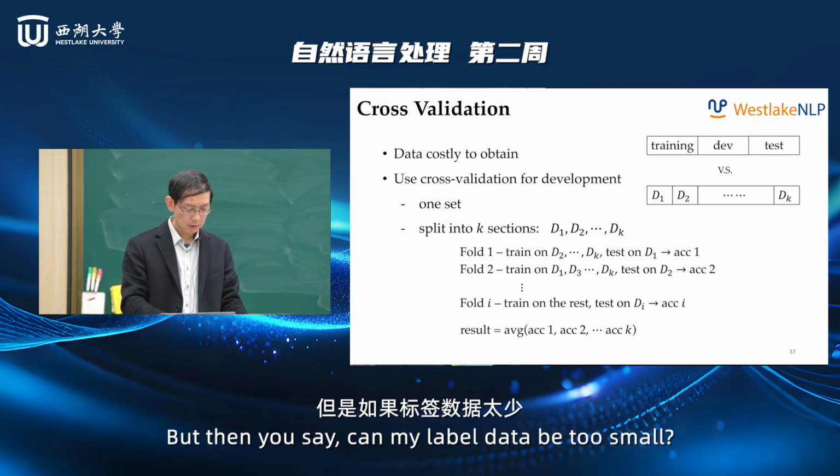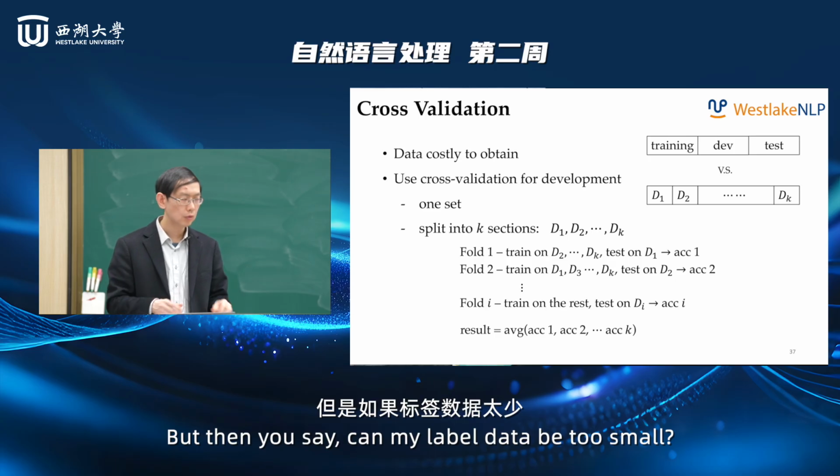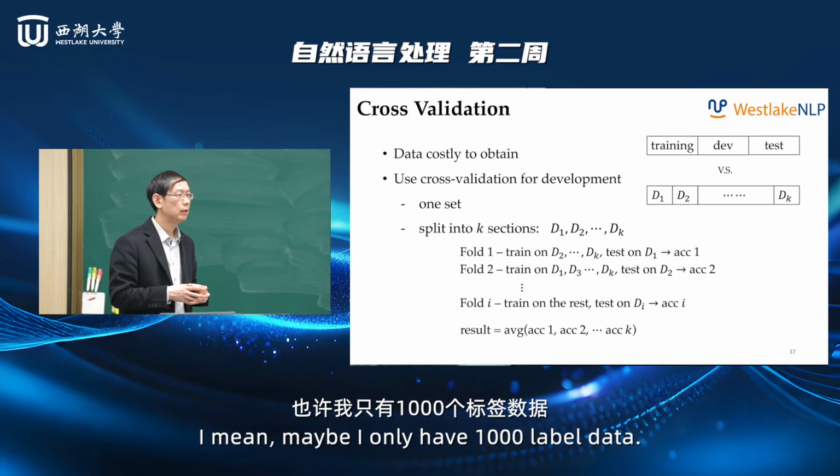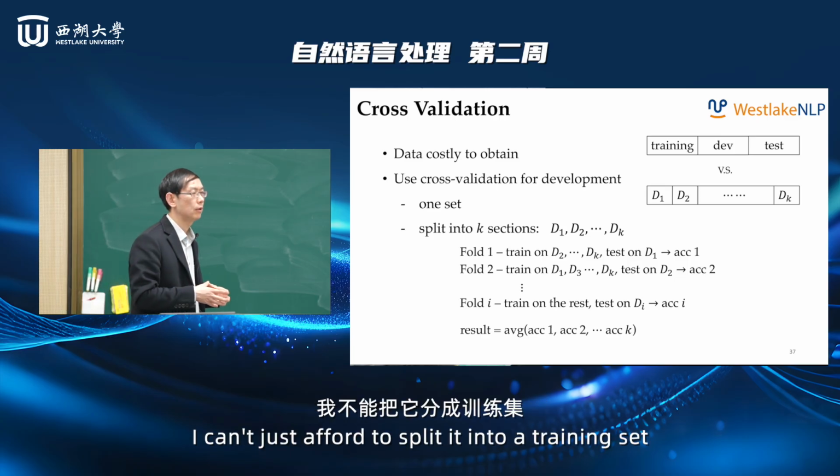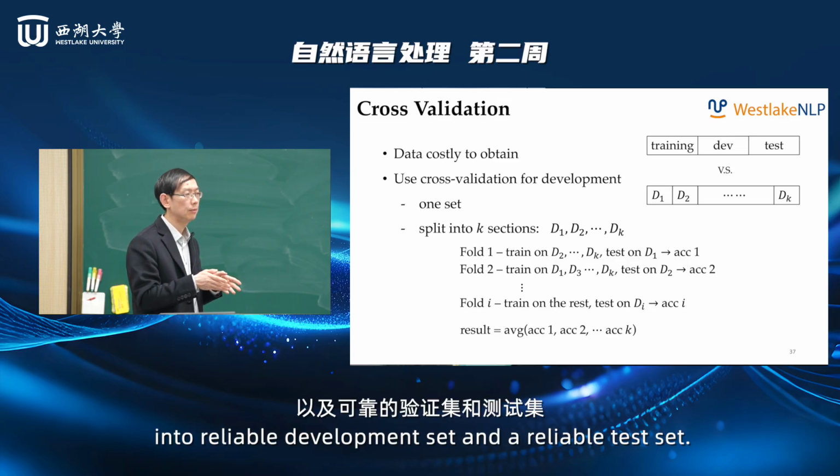But then you say, my labeled data is too small. Maybe I only have 1,000 labeled data. I can't afford to split it into a training set, a reliable development set, and a reliable test set.